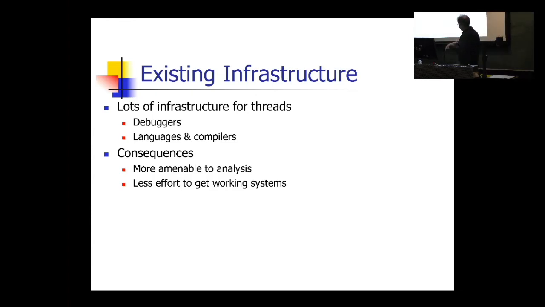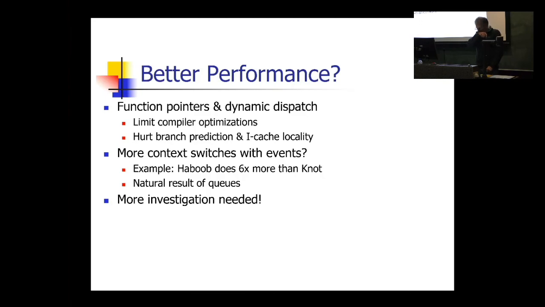Okay. So the consequences for writing application level threads is that they're more amenable to analysis and less effort to get working systems. Wow, we're contradictory to the previous talk, aren't we? I'm not going to delve into this part in depth.